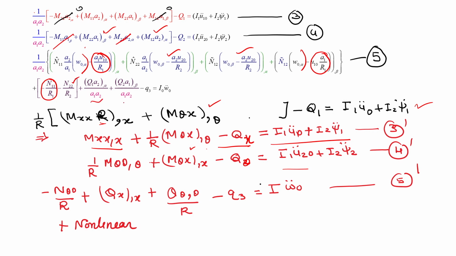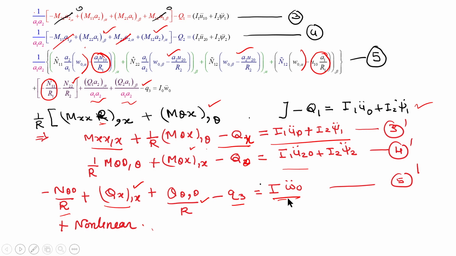Again here we have to contribute. So, qx, so a2 is r, r is not a function of x. So, it will come outside and 1 upon r, that will get cancelled out. Then this one a1 is 1, 1 by r q theta comma theta minus n theta by r minus q3 plus some nonlinear terms equal to dynamic.